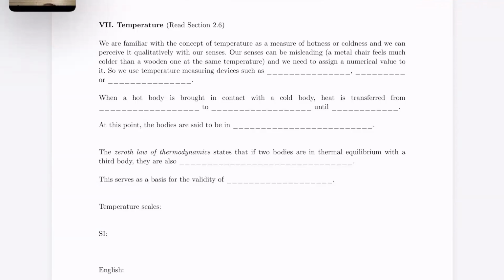And we can perceive it qualitatively with our senses, right? The issue with only using our senses is that our senses can be misleading. You could have a wooden chair and a metal chair at the exact same temperature. The metal chair is going to feel a lot colder to you than the wooden one. So that's why it's important to have a quantitative measure.